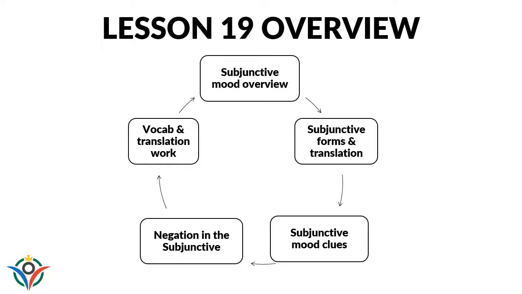And then we'll look at subjunctive mood clues to help us to recognize subjunctive verbs. We'll also talk about something called emphatic negation in the subjunctive. And then lastly, we will look at some new vocabulary and do some translation work together, practicing the subjunctive mood.